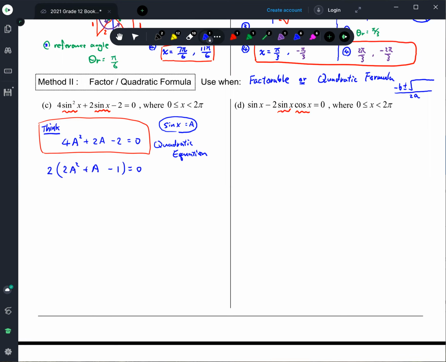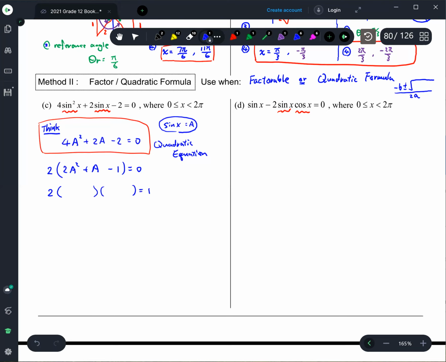Okay, and then after this, can I factor more? Chris? Can we factor further so that it breaks down into 2 more brackets? No, I cannot hear you, Chris.